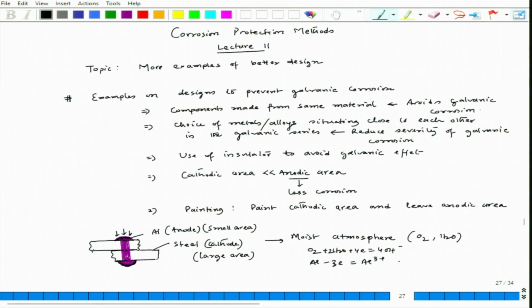It will be a serious loosening effect, because this dissolution will continue at the interface as well as around this portion, where we can have a small gap, and that small gap can create a lot of pitting as well as crevice effect. So this is not to be followed. This is a bad design.